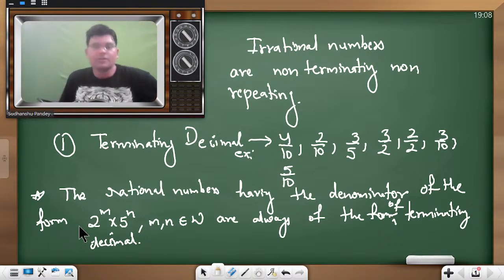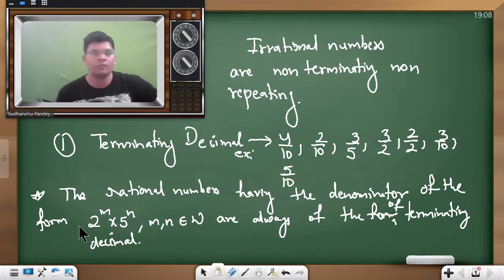The rational numbers having the denominator of form 2 to the power m into 5 to the power n, where m and n are whole numbers, are always of the form terminating decimal.